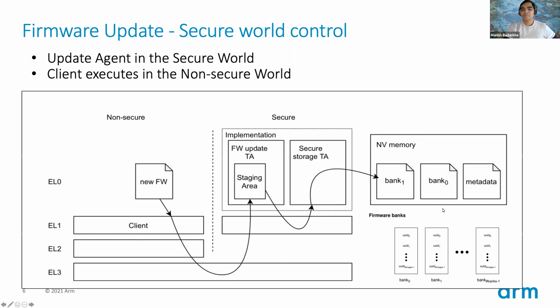There is one more partition, which we call metadata, which I will cover in the next slide. It gets updated by the update agent and then consumed by the TFA to know which bank to use to take the images and load them.